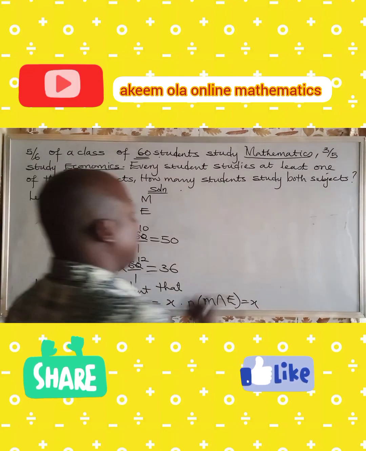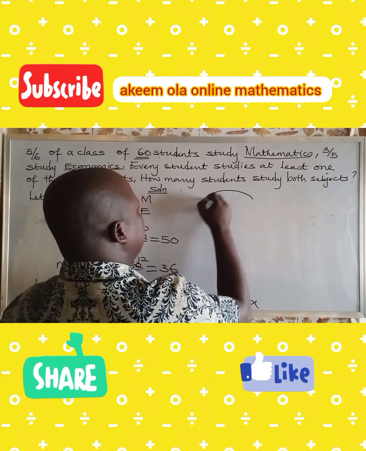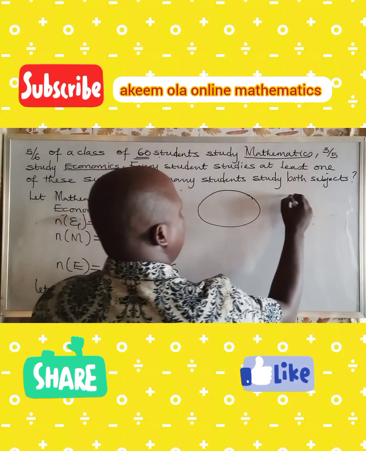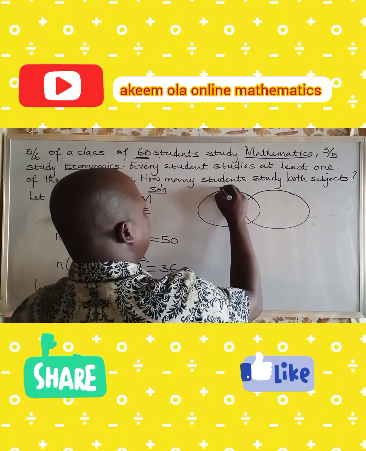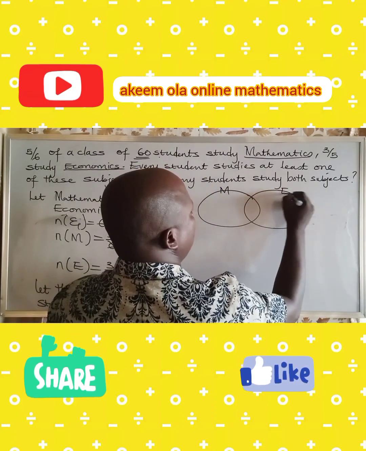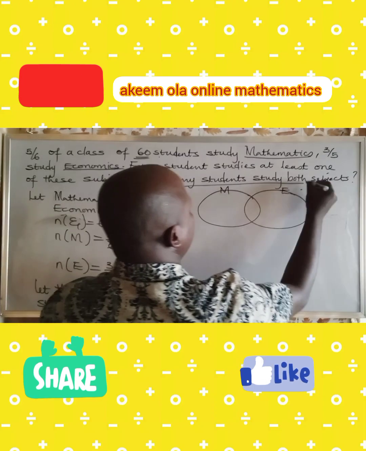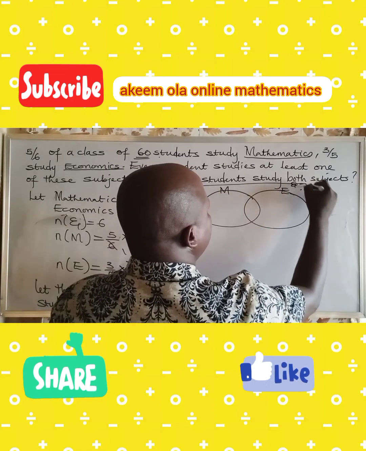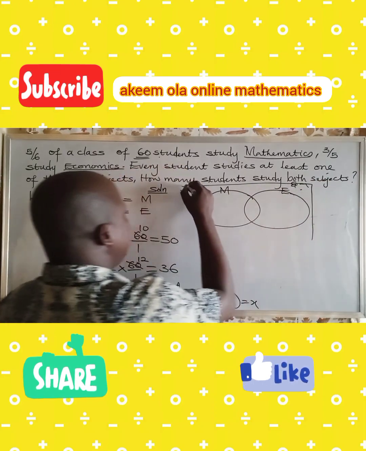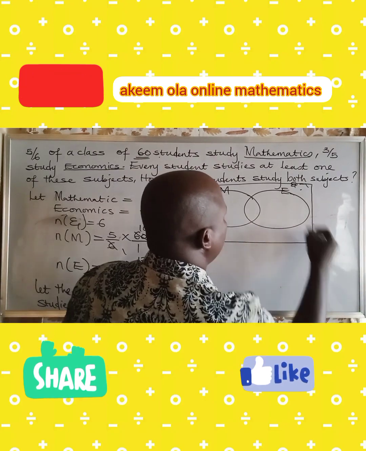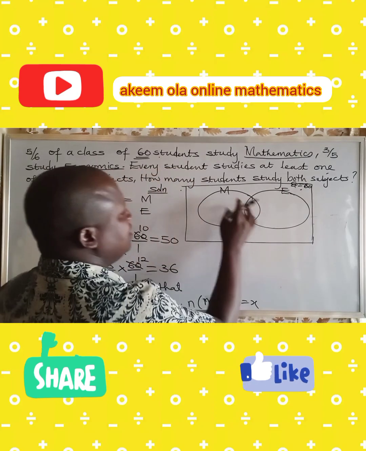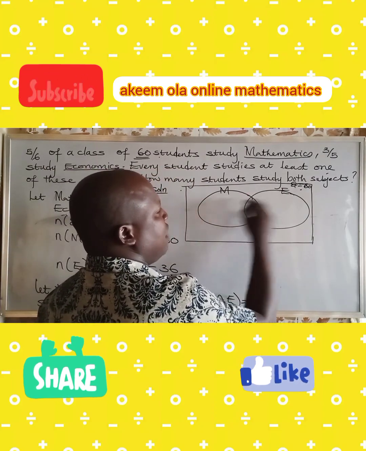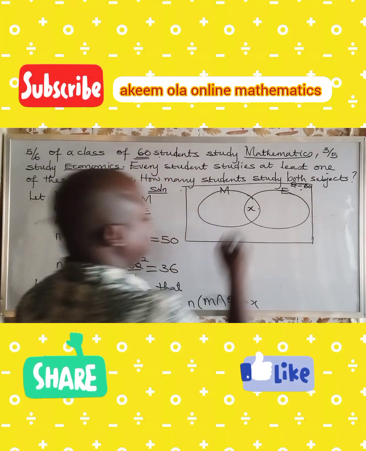Drawing a Venn diagram, we are going to have something like this. We have our M, that is the first body, and we have our E, the second body, and we are going to enclose it with a big rectangle. So our universal set is equal to 60. This is the intersection of M and E. That means we have our x here.